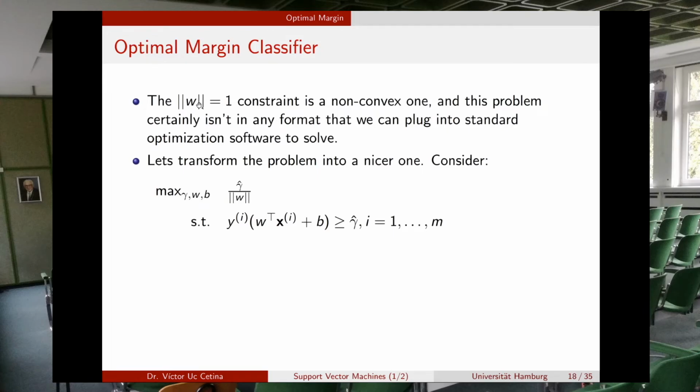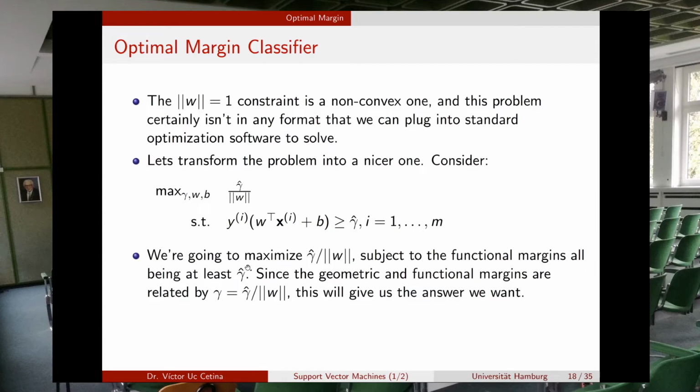So we need to transform this problem into a nicer one, and what we're going to do is to move this constraint into the objective function. So this is the function that we want to maximize now. We have gotten rid of the norm of W here, and we moved it up here. And we can do this because we know that the geometric and the functional margin are related specifically by this relation.